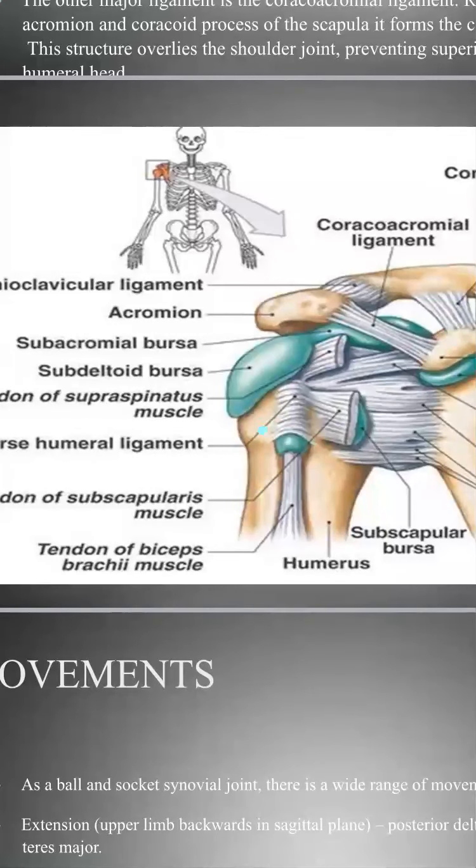This is the head of the humerus, and these are the greater tubercle and lesser tubercle, and this is a groove. In this groove, the tendon of the biceps brachii muscle will be present, and the transverse humeral ligament will hold it. It connects the two tubercles.